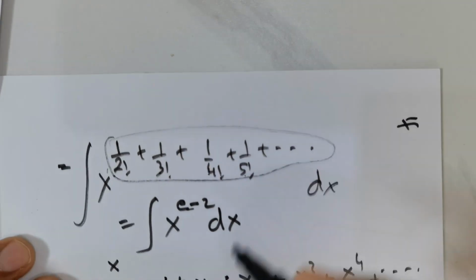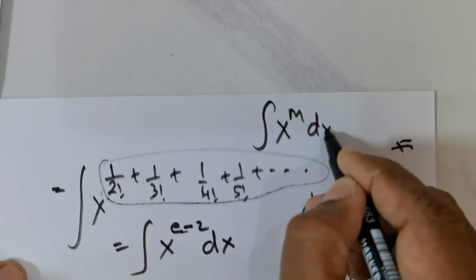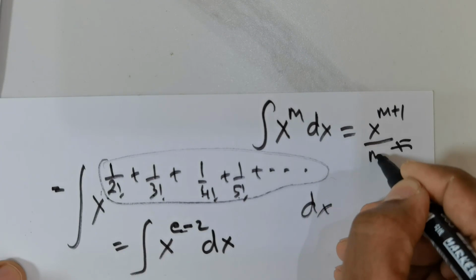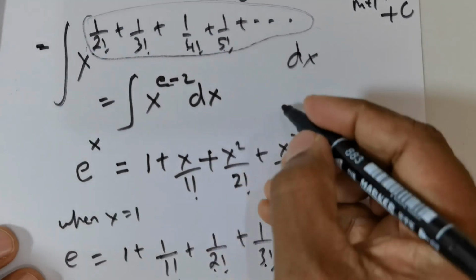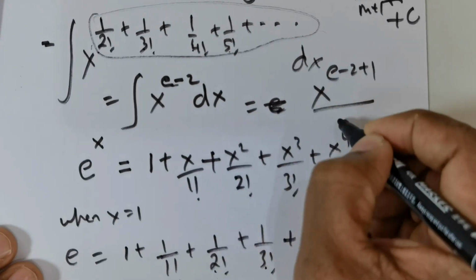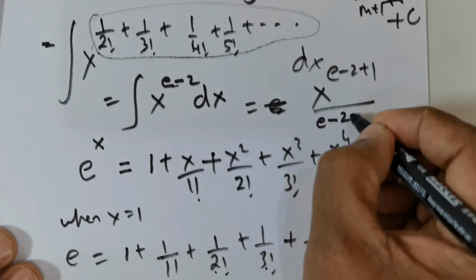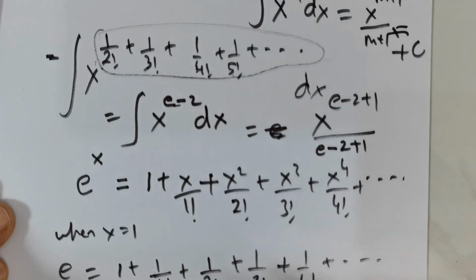Now this is similar to our popular integral formula, x raised to the power of m times dx. Now what do we get when we integrate this? Nothing but x raised to the power of m plus 1 divided by m plus 1, plus arbitrary constant c. This is the popular formula. So this is going to be x raised to the power of e minus 2 plus 1 divided by e minus 2 plus 1, which is rewritten, I just want to complete it over here.